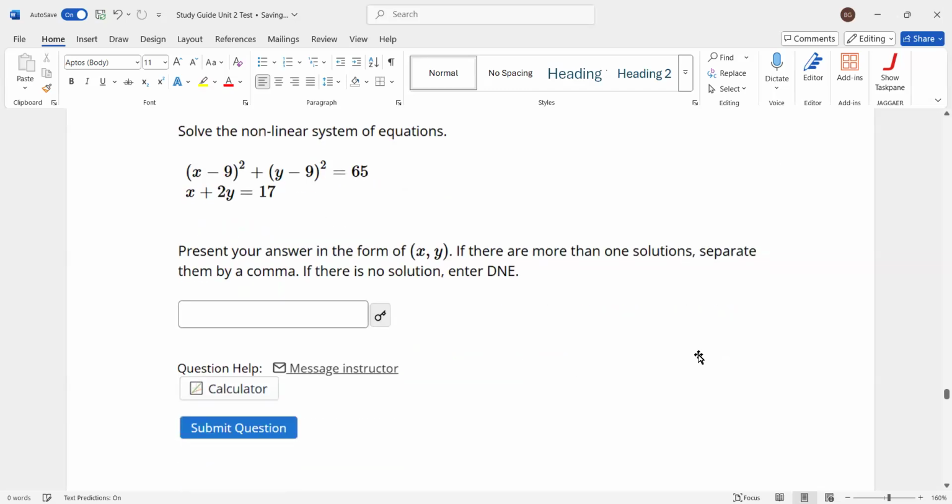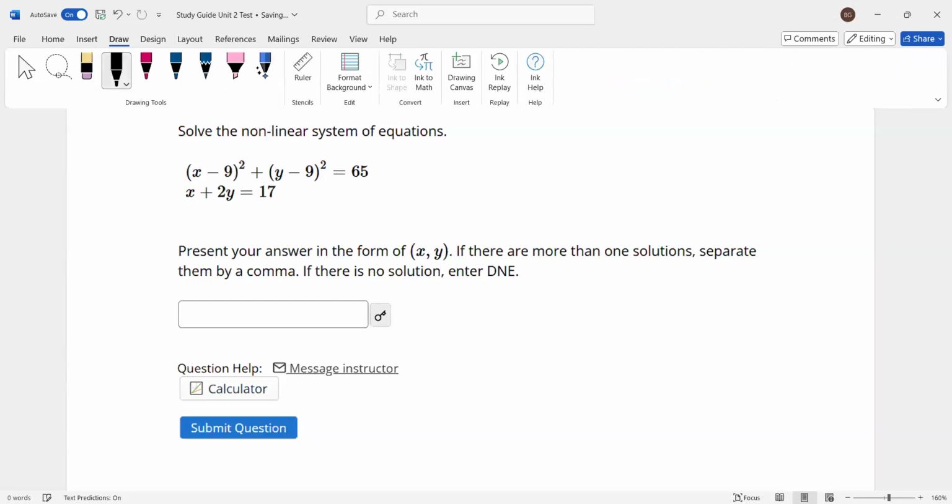In this problem, we are going to use the substitution method. Let's say this is equation 1. And then equation 2, I'm going to subtract 2y, and write x as 17 minus 2y. So this is going to be our equation 3: x equals 17 minus 2y.